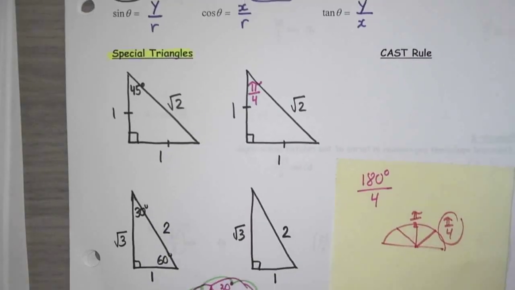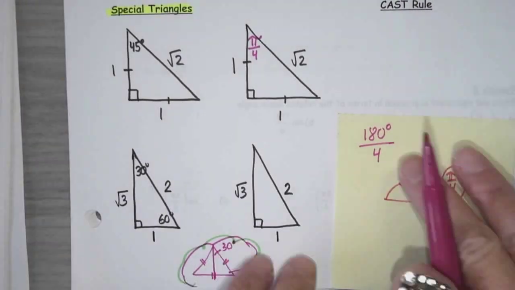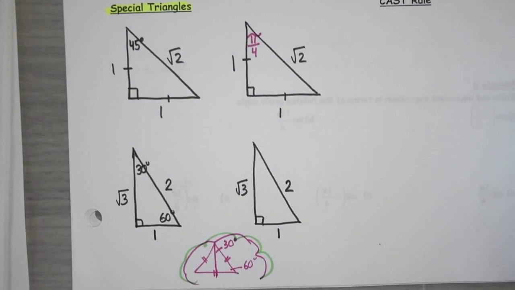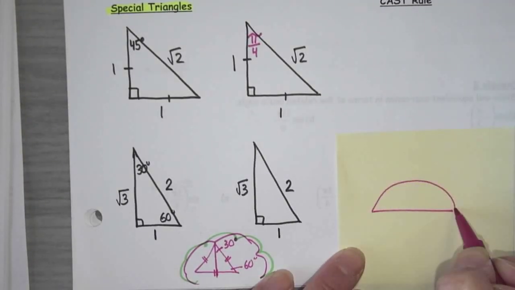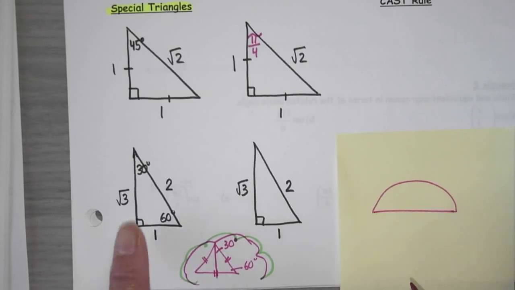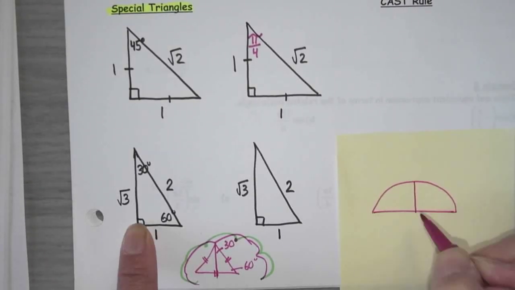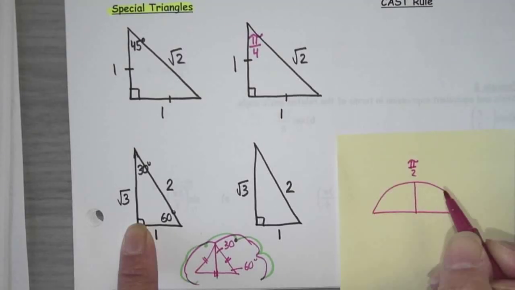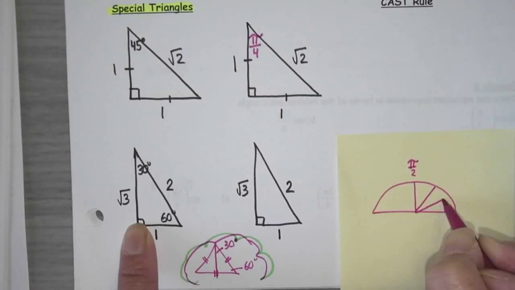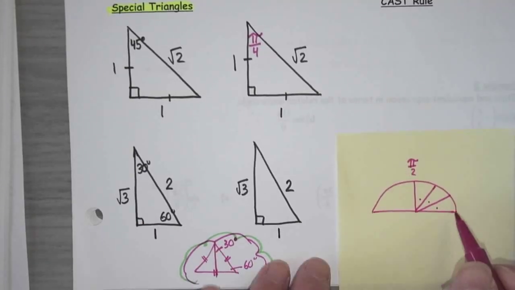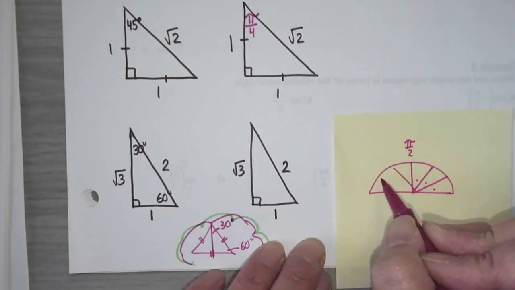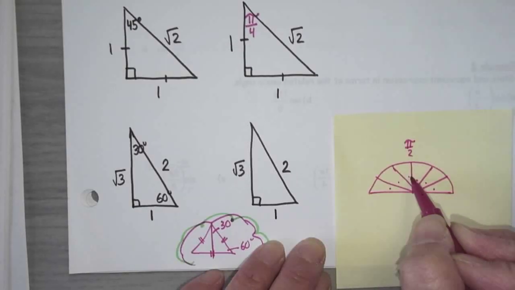We're good there. For here, again, if it's 30, remember this is pi. If this is 90, that's pi over 2. We're cutting 90 into 3 more slices, 30, 30, 30. So you're converting to degrees and back and forth. That means I'm cutting this half circle into 6s: 1, 2, 3, 4, 5, 6.